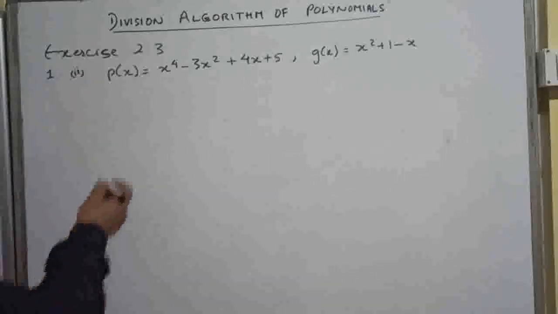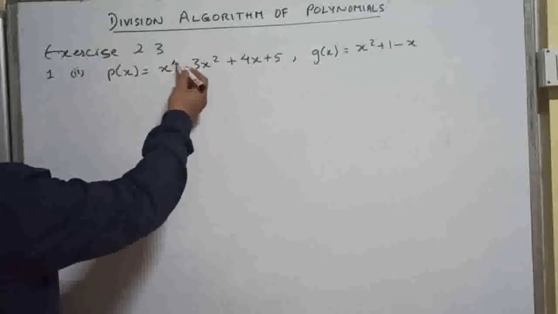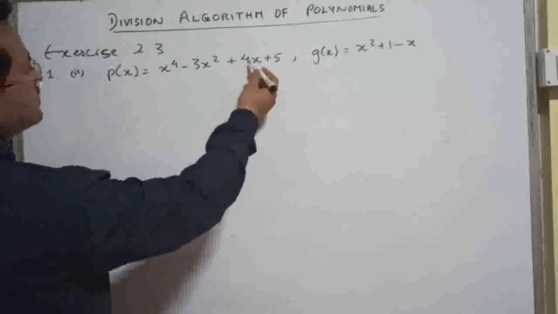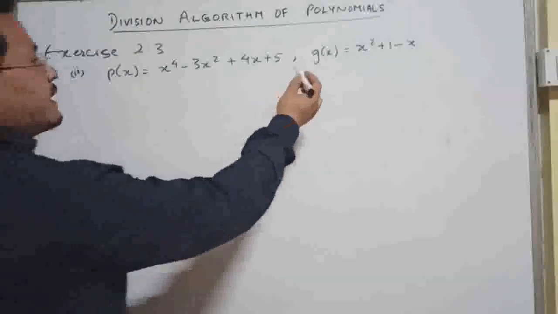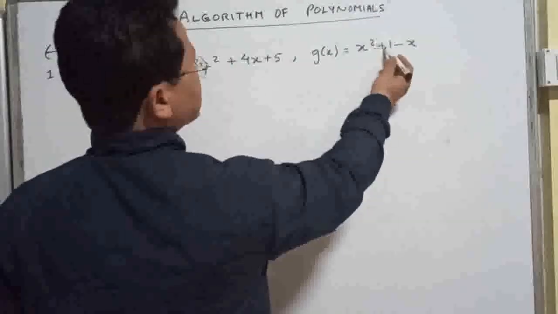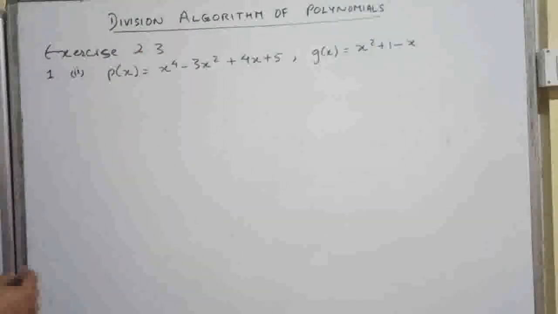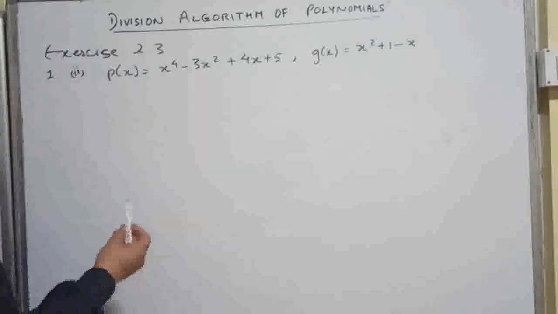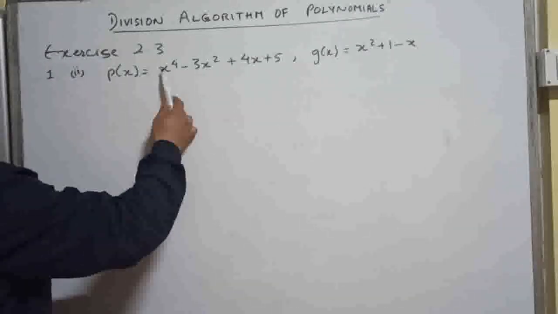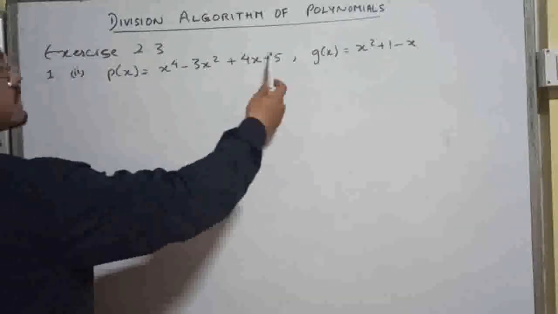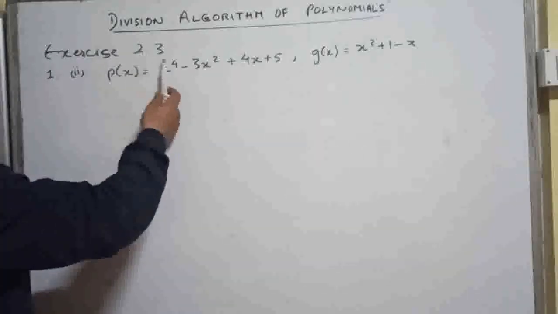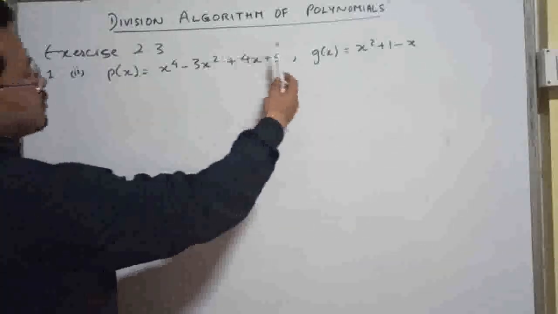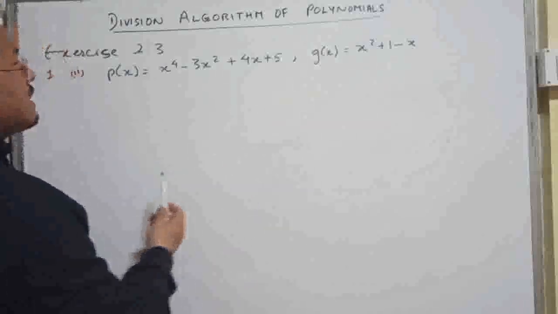That is, p(x) is equal to x power 4 minus 3x power 2 plus 4x plus 5, and g(x) equals x square plus 1 minus x. Now, if we look at this closely, we always need to understand that the power decreases. The highest power is written first and the lowest power is written at the last.